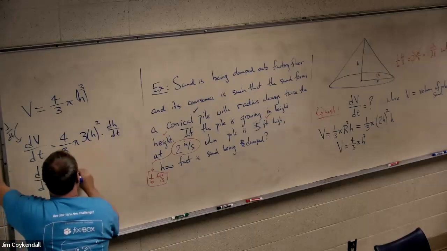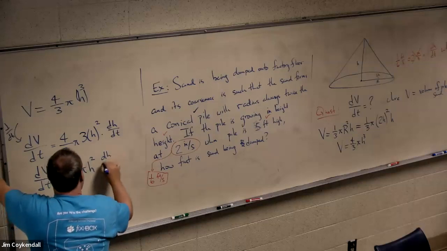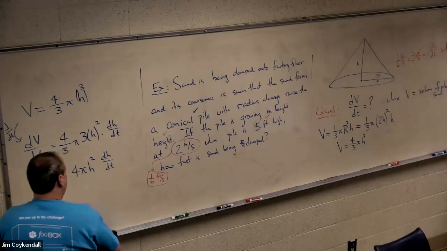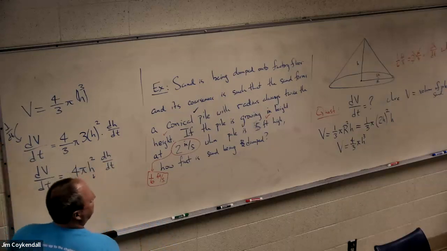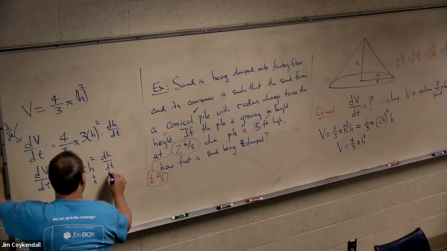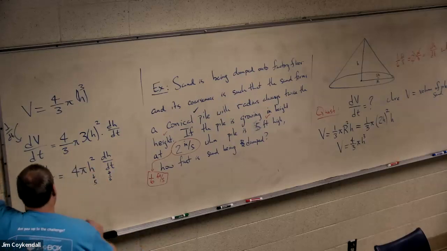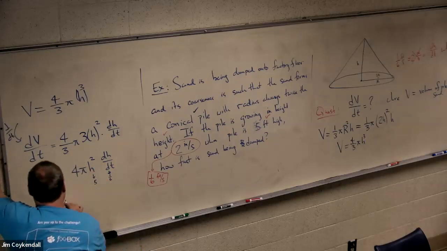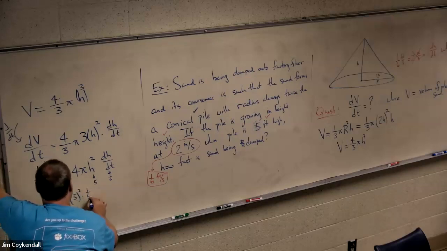Let's see, that 3 is going to cancel, so I get 4 pi h squared dh/dt. Now let's plug in the numbers that we need. h equals 5 feet, and the dh/dt is 1/6, I guess. So this is going to be 4 pi times 5 squared times 1/6.